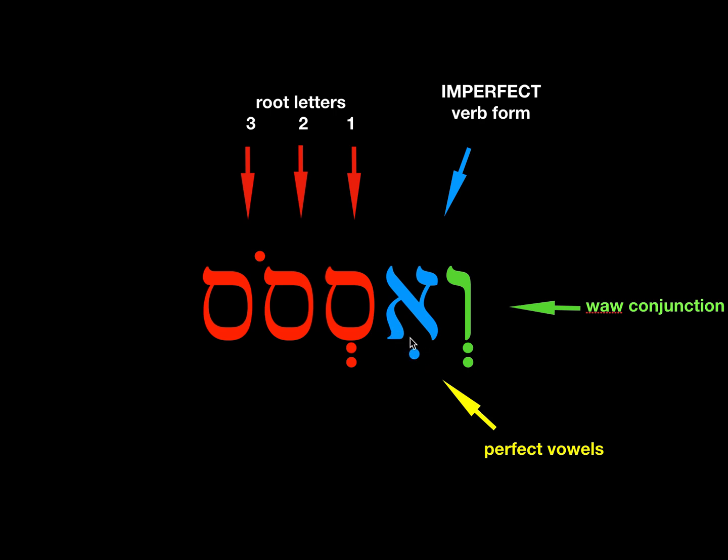We have the vowel e, which gives us three options: kal, nifal, or hitpael. In this case, it would be kal, because hitpael would need an extra tav, and nifal would need a dagesh in this first root letter. And then we add the vav, and this is just a regular vav conjunction, and we know that because of the vowel underneath. And I'll show you the options for the vowels in a later slide.